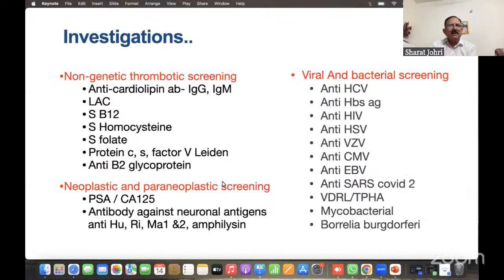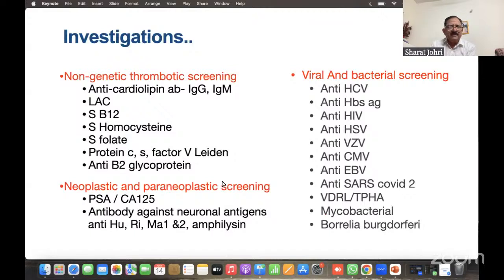Then certain other thrombotic disorders we have to screen for, like anticardiolipin antibodies, lupus anticoagulants, serum B12 deficiency, homocysteinemia, serum folate levels, protein C, S, factor 5. They can all cause thrombosis, leading to some abnormalities in the brain.